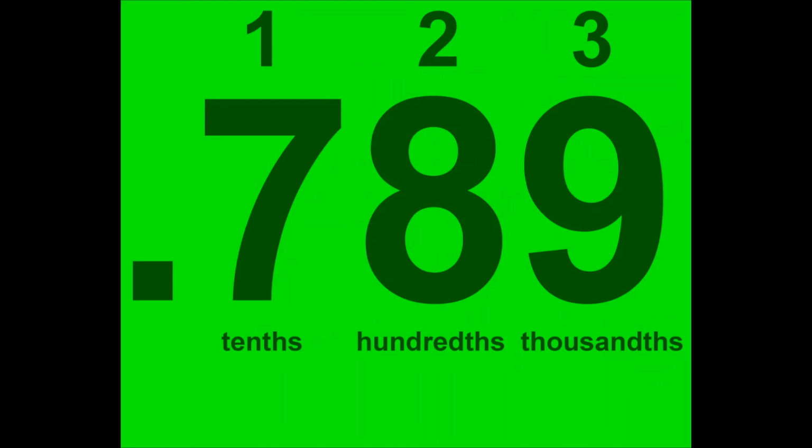To find out what you've got, count the number of place values to the right of the little dot. One number after the decimal is the tenths place. Two numbers after the decimal is the hundredths place. And three numbers after the decimal is the thousandths place.